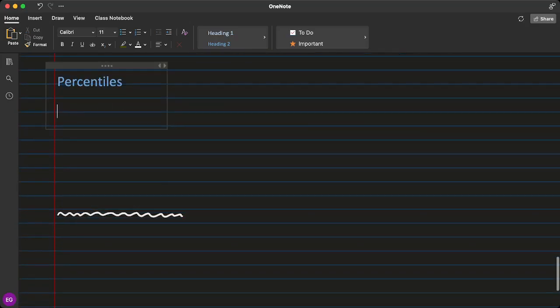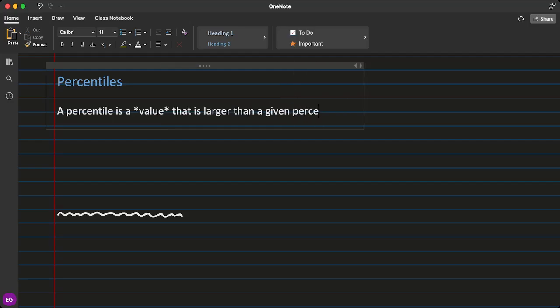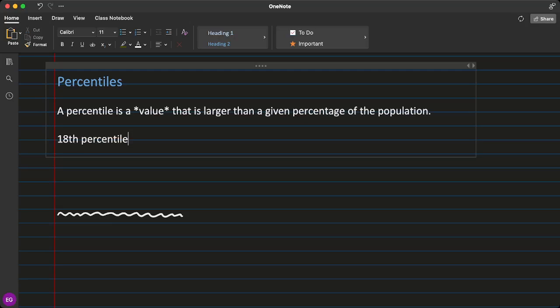The percentiles, so a percentile is a value that is larger than a given percentage of the population. So let me give you an example. What is the 18th percentile? The 18th percentile is a value which is larger than 18% of the population.